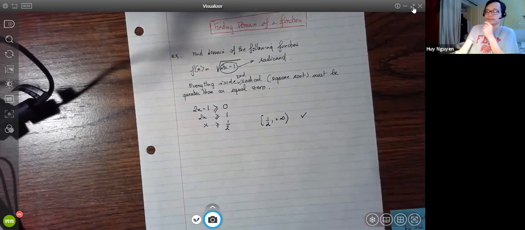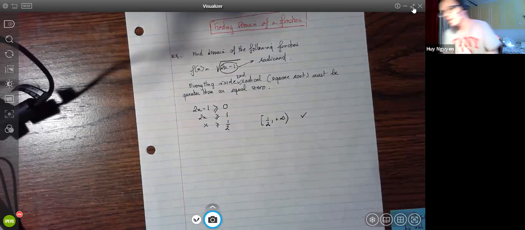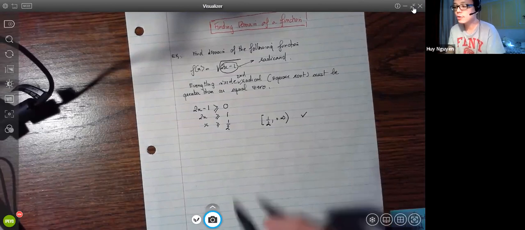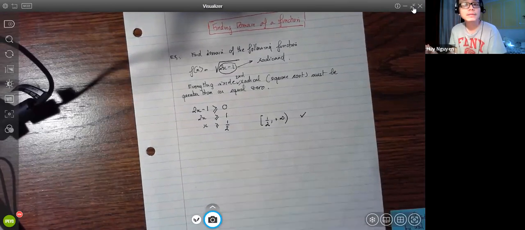So what do we know about this final answer? It means that for all the x values greater than or equal to 1/2, we make the function defined. So the domain is just those values only, not all the x values.